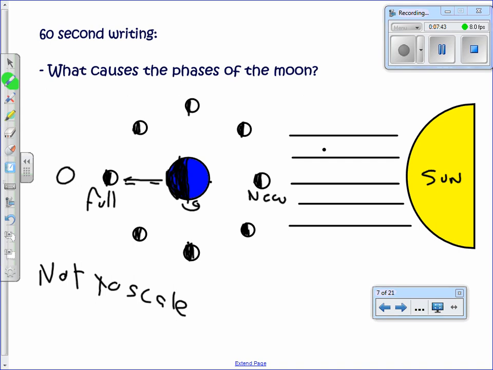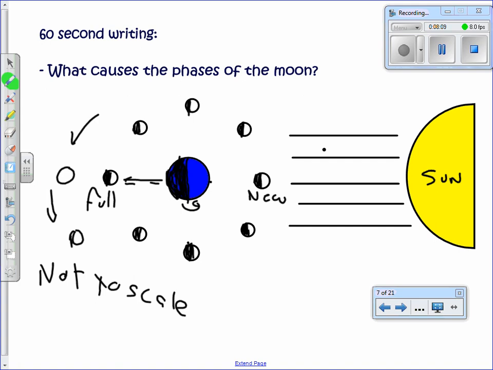And then again, the names are a little bit confusing to me, but actually let's do the full moon. If we're going this way, we'll continue counterclockwise, as I mentioned earlier. After it's full, what's it going to be? A little bit less than full, right? And so imagine it kind of like that, because this part is dark.